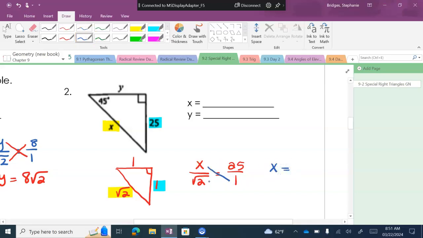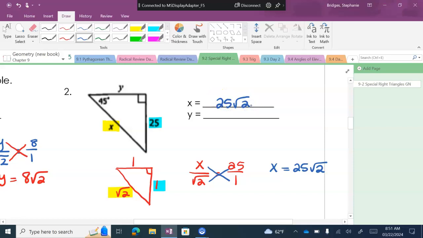X. And then if I do 25 times the square root of 2, it is just 25 times the square root of 2. Always put the square root second. Because the 25 is not under the radical, you cannot actually multiply. Is there anything else I need to do to solve that for x, or does it already tell me what x is? That's the answer. Okay, so x is going to be 25 square roots of 2.